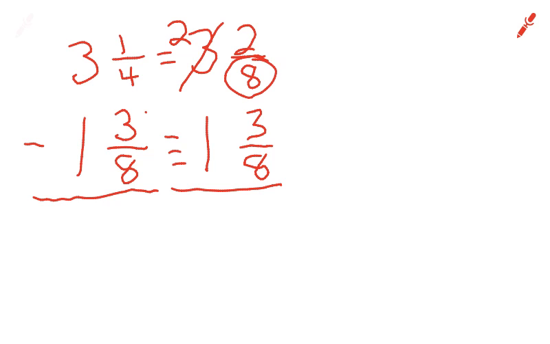Since the denominator is 8, we add 8 over 8 to our 2 over 8. Adding 8 over 8 to 2 over 8 gives us 2 and 10 over 8.